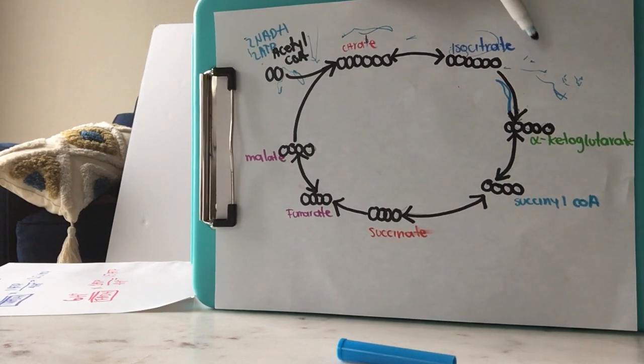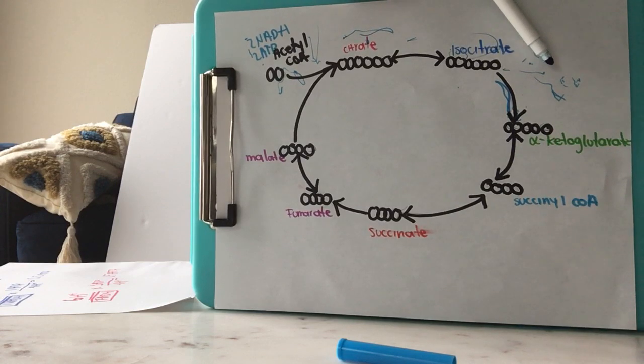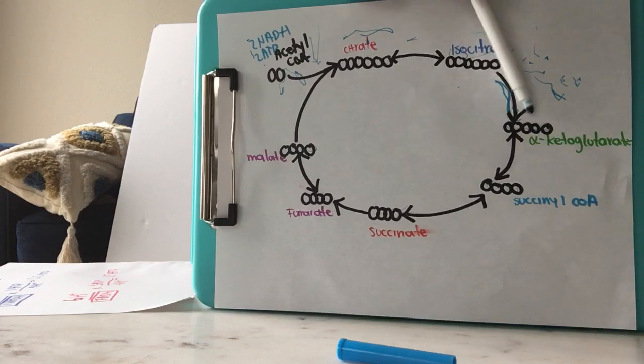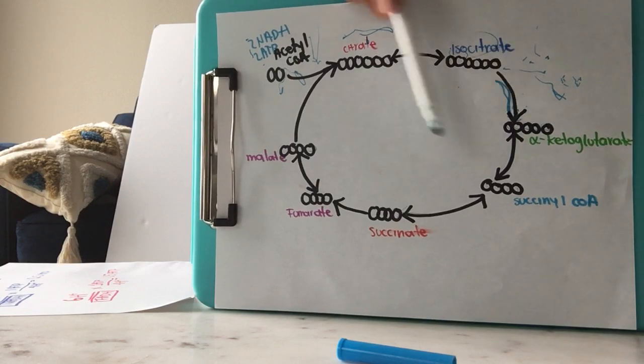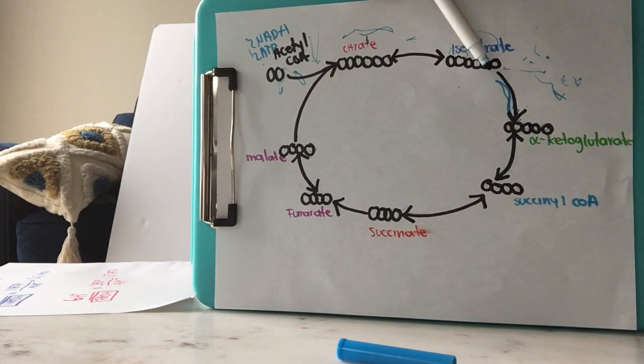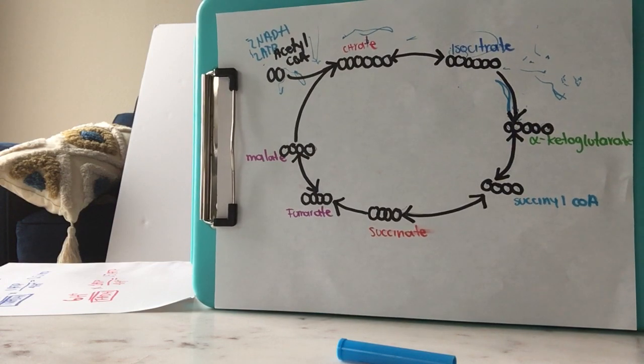Here 2 NADHs are produced in this step. However, when there's a lot of ATP around, the isocitrate dehydrogenase gets inhibited. But low ATP and calcium around the environment stimulates this enzyme.